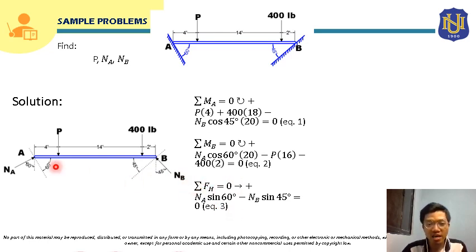For NA, its horizontal component will be NA sine 60 degrees, and it is positive since it is directed to the right. For the horizontal component of NB, it is directed to the left, so it will be negative here. The horizontal component of NB will be NB sine 45 degrees, and this will be equal to 0. So this will now be our equation 3.